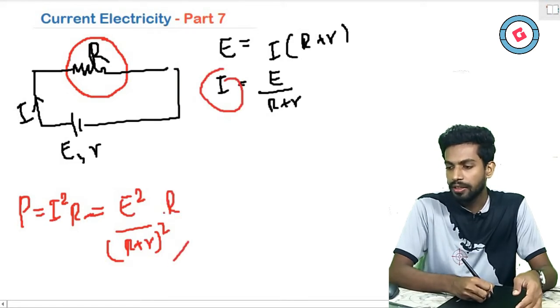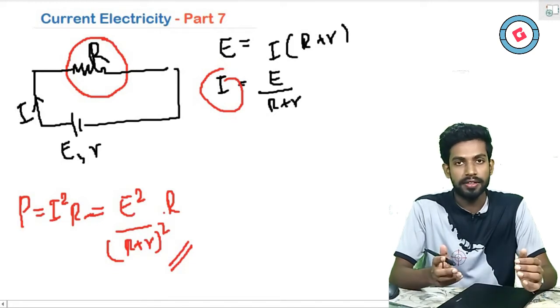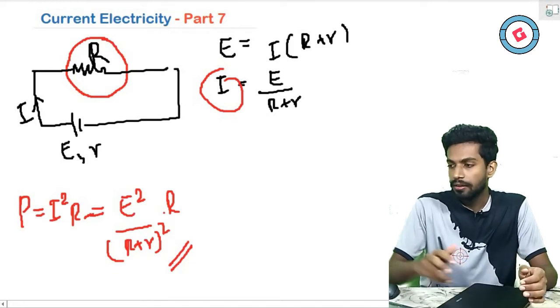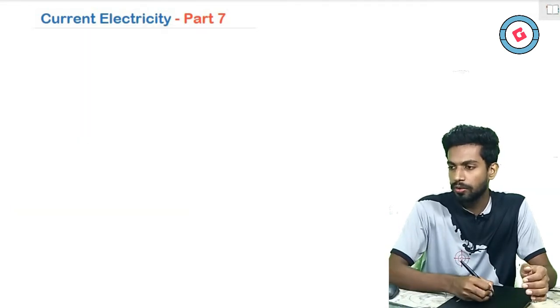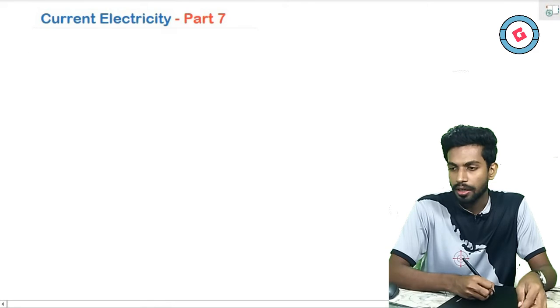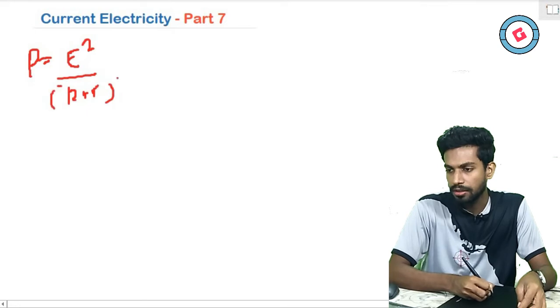So this is the equation to find the power dissipation from the load resistor. So if we need to draw a graph, the equation is E squared R by (R plus r) squared.